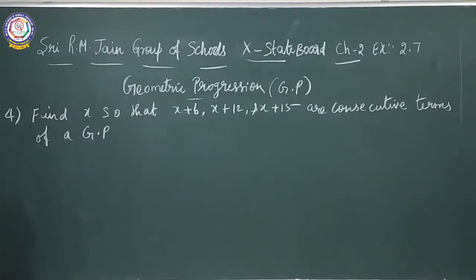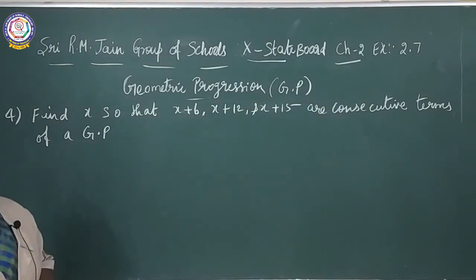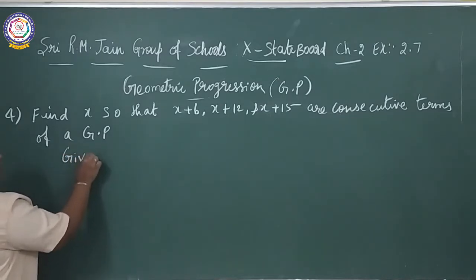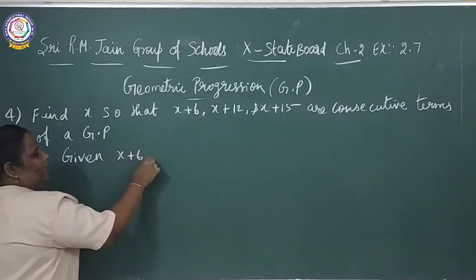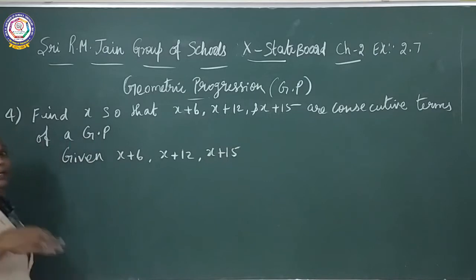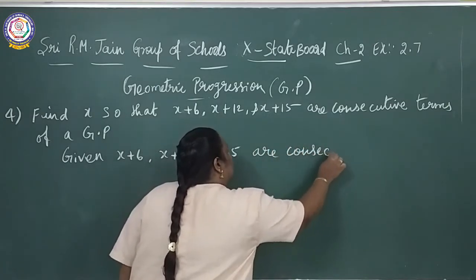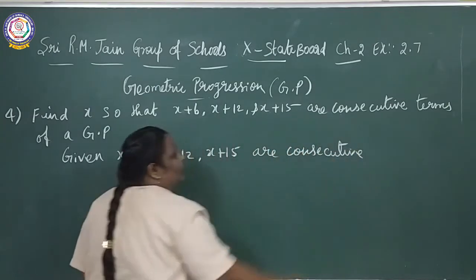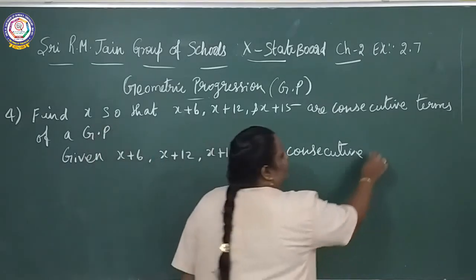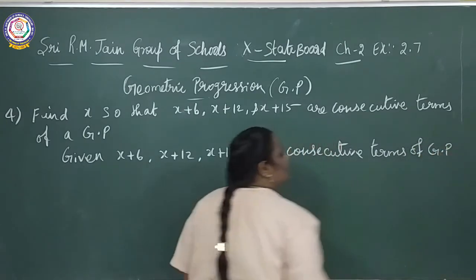See the fourth sum. Find x so that x plus 6, x plus 12 and x plus 15 are consecutive terms of a GP.